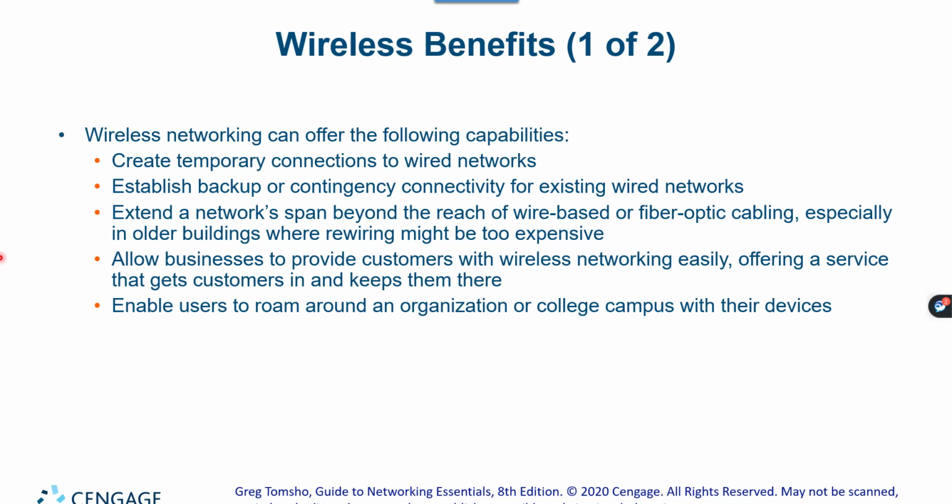Extend the network span beyond the reach of wire-based or fiber optic, where you might have older buildings. Maybe you're working in a historical building. Maybe it's an older home and you want to put internet in there because you're starting a bed and breakfast. Well, there's certain rules about what you can do and what you can't with historical buildings.